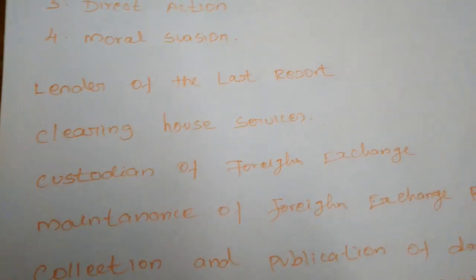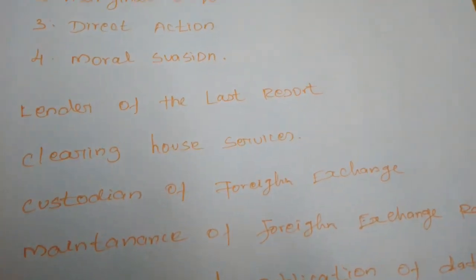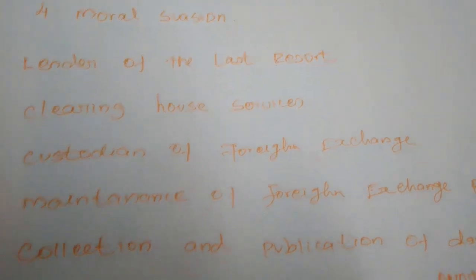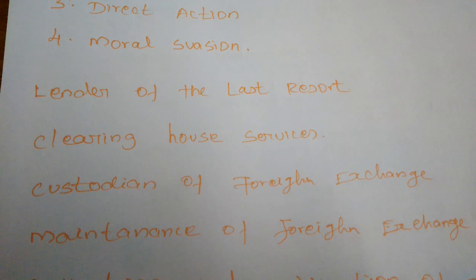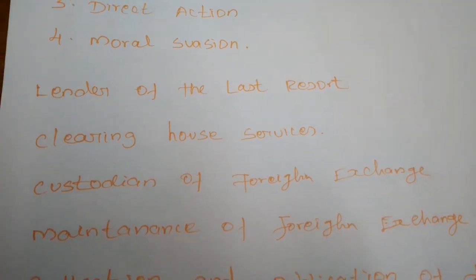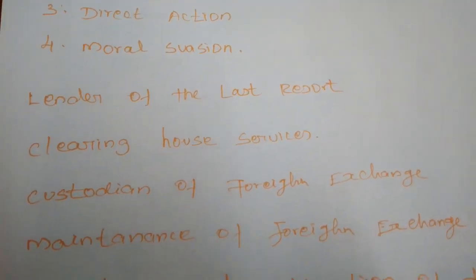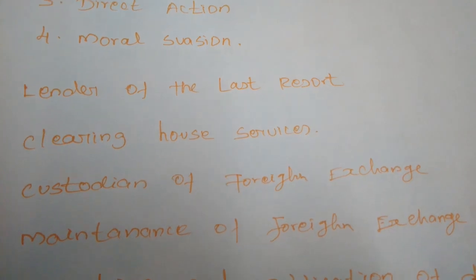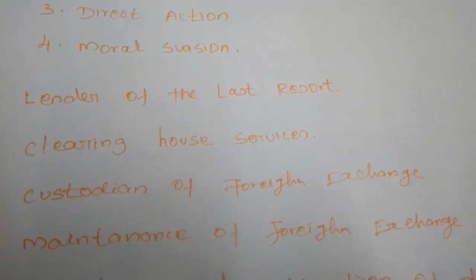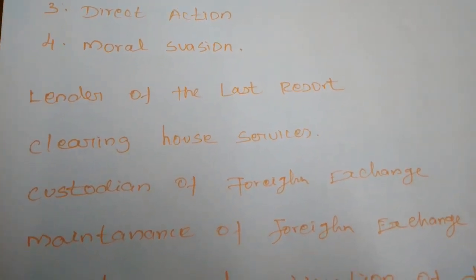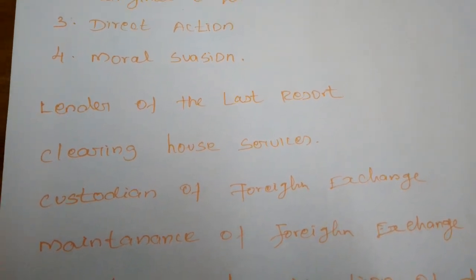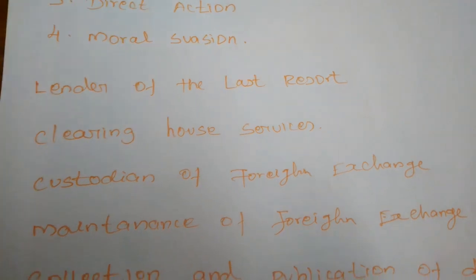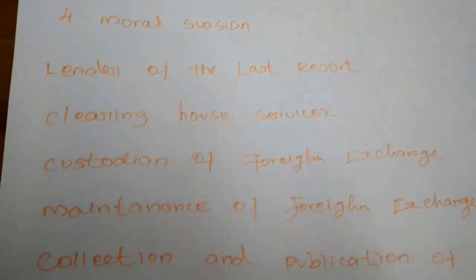When they are collecting and transferring the checks from one bank to another, some problems may come. These problems are eliminated by the Reserve Bank of India. When the Reserve Bank of India removes the problems arising among the banks, that is considered as clearing house services.